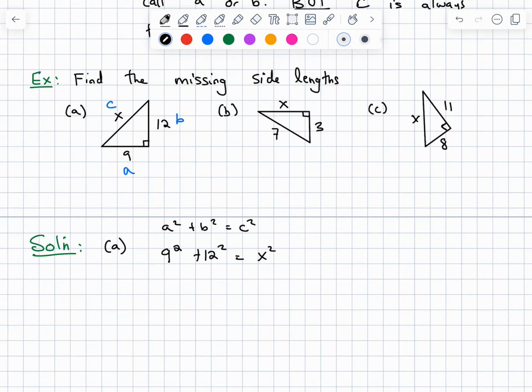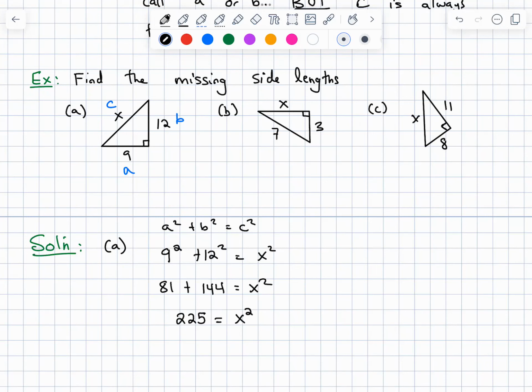And I didn't expect you guys to have your perfect squares memorized, but that's 81 plus 144 equals X squared, and that gives us 225 is equal to X squared.